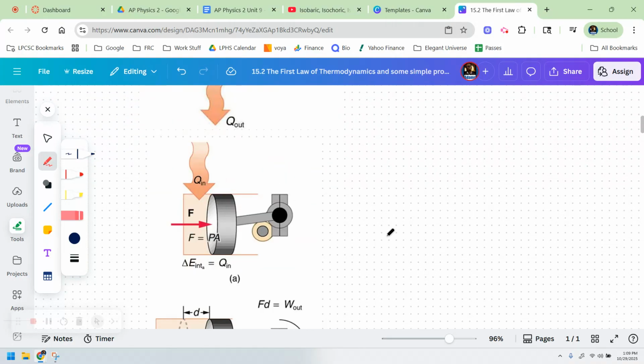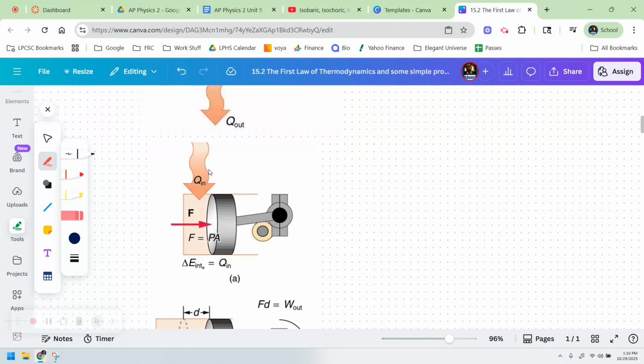But now let's look at a piston, right? This is the most common one, like a car engine, okay? So a heat transfer on a car engine, basically you can have heat transfer into the gas in a cylinder, and it increases the internal energy of the gas, and this is a steam engine, so we're talking about heat energy.